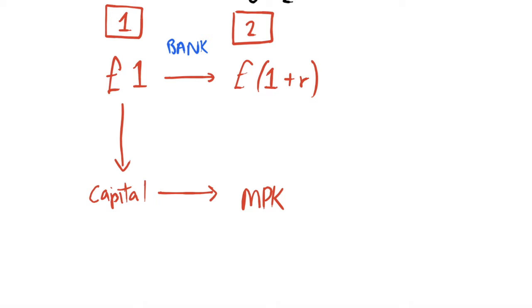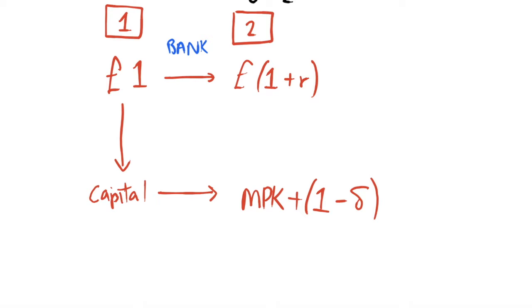But after our machine has produced that, we still have a machine. So we don't just get out the marginal product of capital, we get back the value of a machine in period 2, which is the £1 value of the machine that we bought minus however much the machine has depreciated over time, which is our depreciation parameter delta.